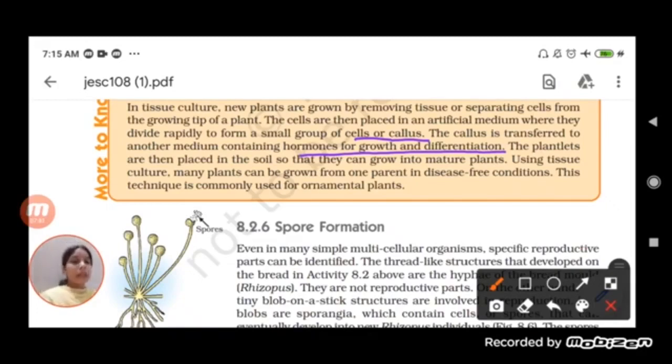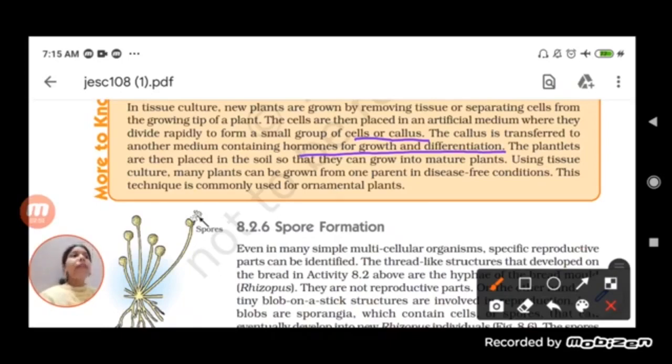See, the good thing about tissue culture is that it basically helps in making a plant disease free. The tissue which is taken outside undergoes changes in which we make it disease free.